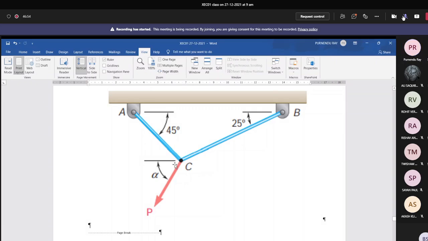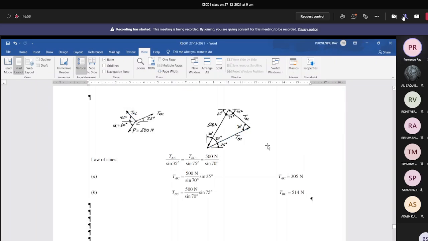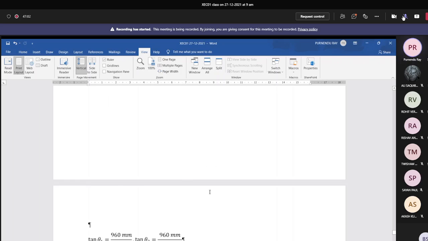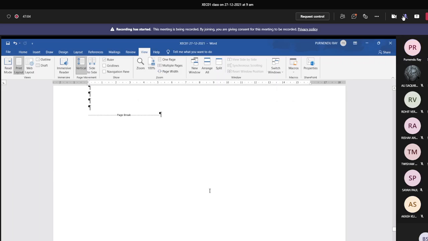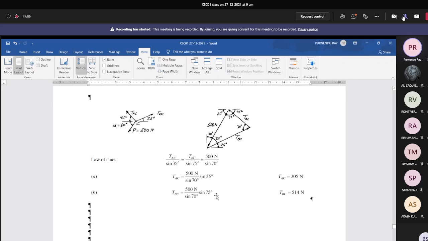And this is the corresponding vector triangle, the free body diagram, and the sine law or Lami's theorem, whatever you prefer, you represent in that way. But you have to do it correctly: the angle calculation, the sine and cosine calculation, etc.